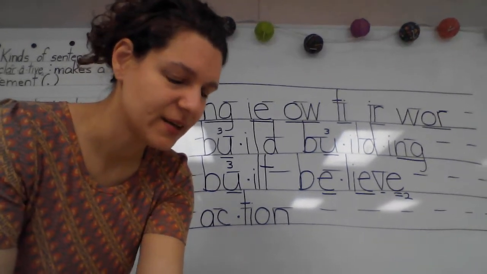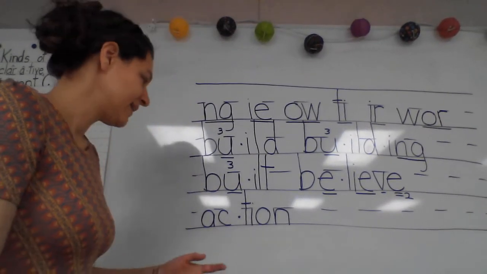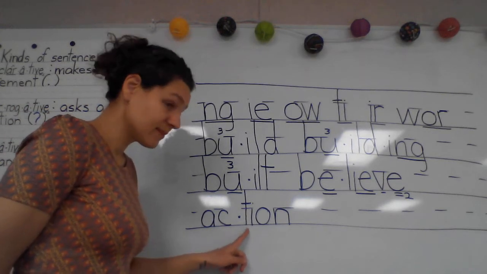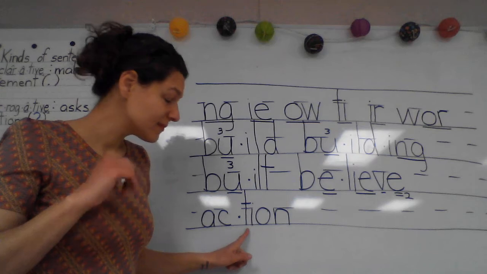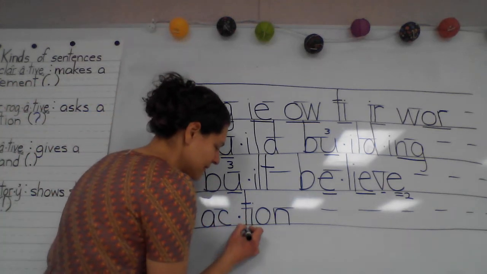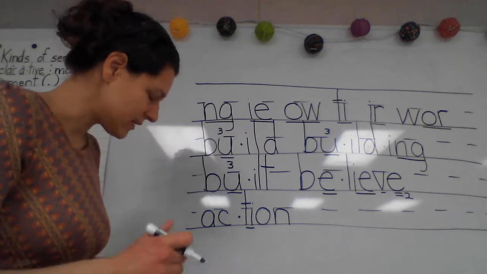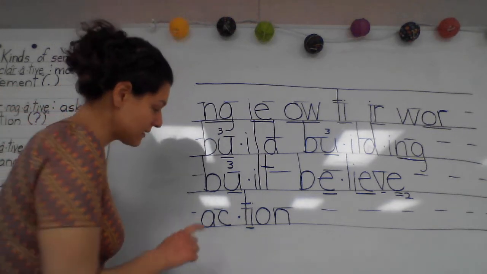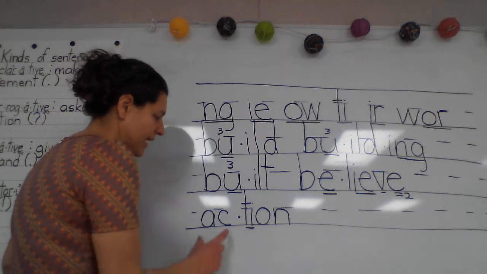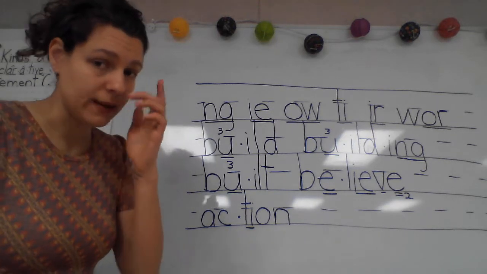All right, make sure your word looks like this. Let's mark it. All right, mark it. All we need to mark is our 2-letter phonogram. Now let's read it. Good, action is how we say it to spell it.